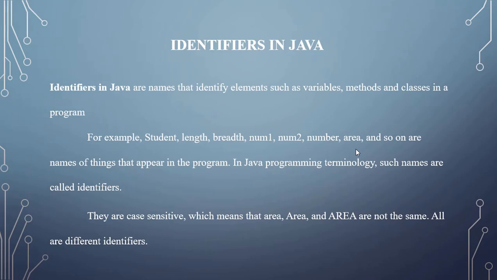So in Java programming terminology, such names are called identifiers. Identifiers are case sensitive. Means area, with the first letter capital, and AREA, with all letters capital, are not the same. All are different identifiers because they are case sensitive. Got it?